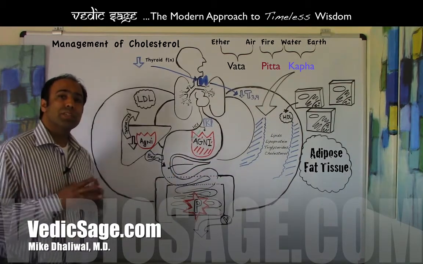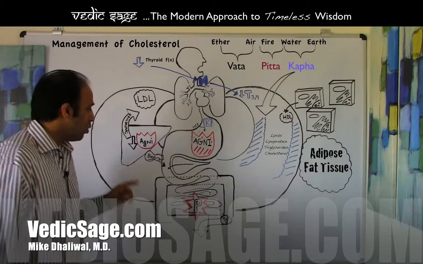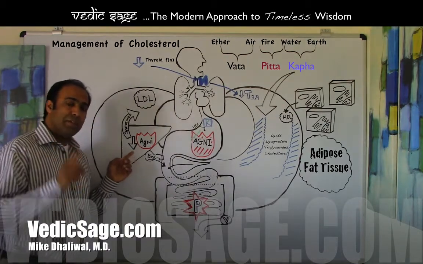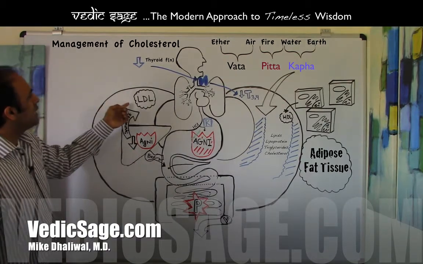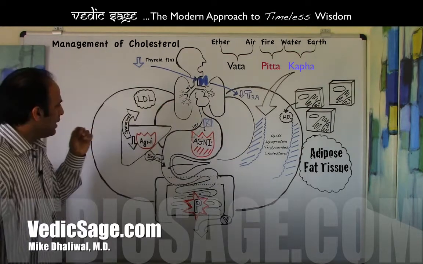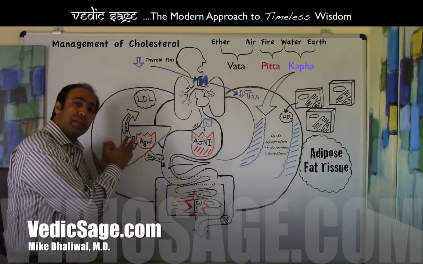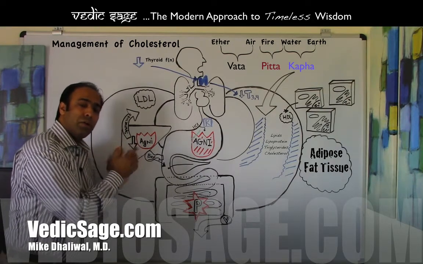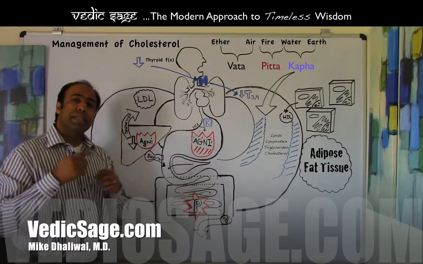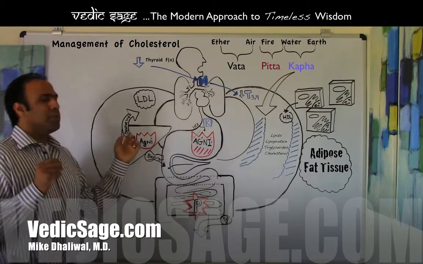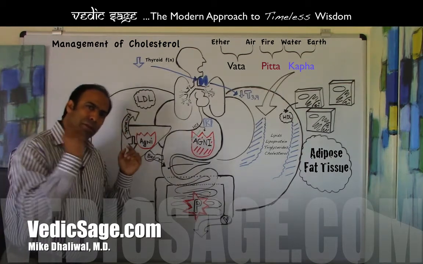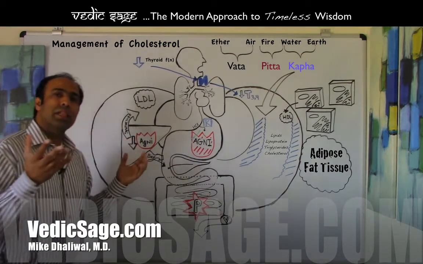So thousands of years ago, these wise sages understood the role of the liver and the function of the liver in managing the cholesterol levels within the blood. And they considered this element Bhuta Agni, which is the Agni system within the liver, or the fire component within the liver that's expressing metabolism. So we know that the liver is able to synthesize cholesterol and release it into the blood via lipoproteins.